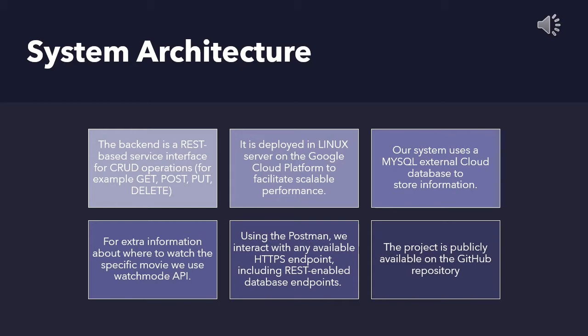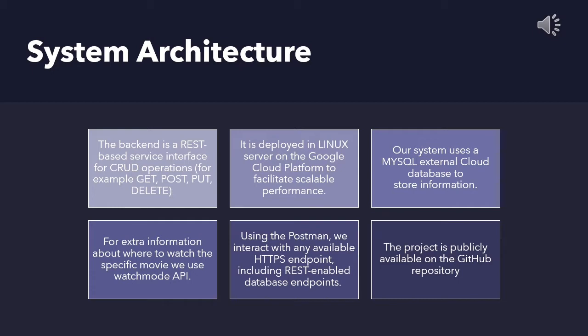In our system architecture, the backend is a REST-based service interface for CRUD operations, where REST stands for Representational State Transfer. The server responds to create, read, update and delete in a standard way. The system is deployed on a Linux server on the Google platform to facilitate scalable performance.